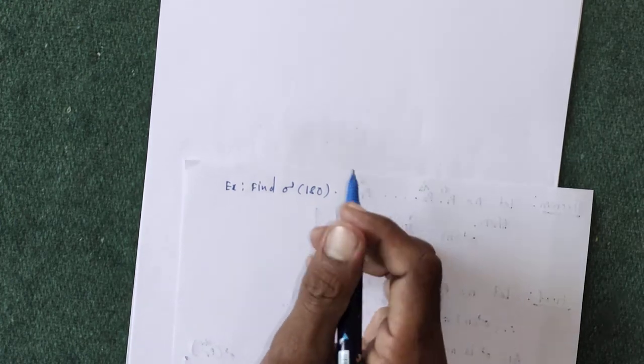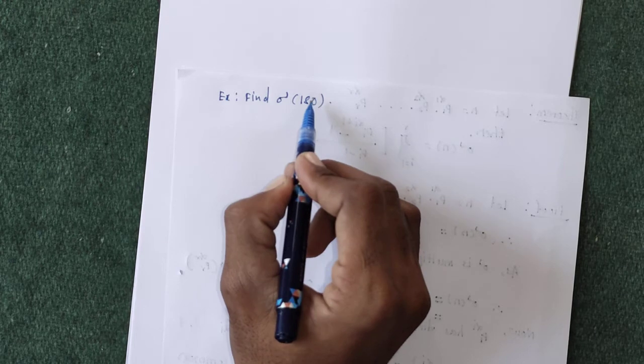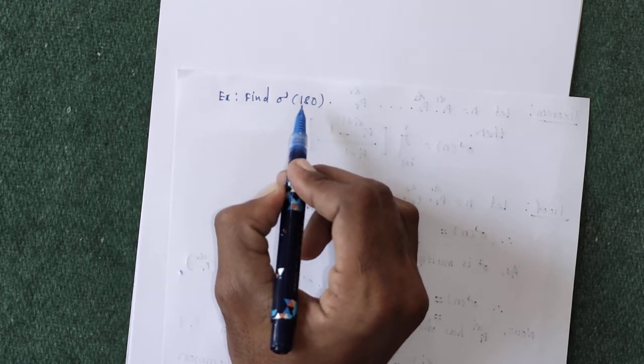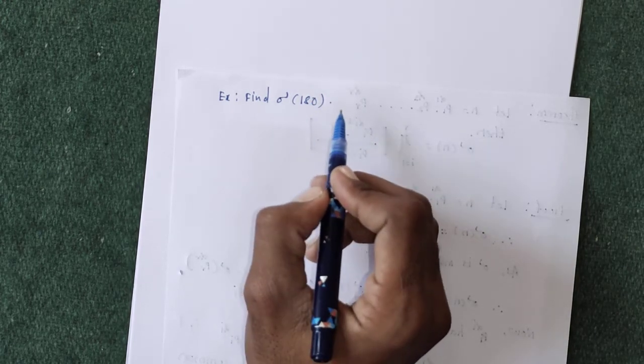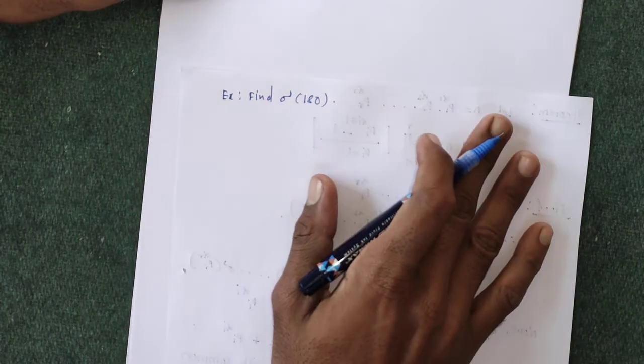To find this sigma, we just have to express n, here n is equal to 180, in canonical form, and using the previous theorem, we can find sigma of n in just 2 or 3 steps. We do not need to find all positive divisors of 180 and add all those numbers.